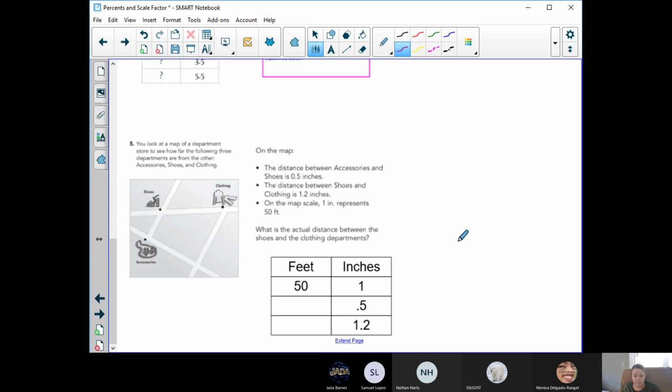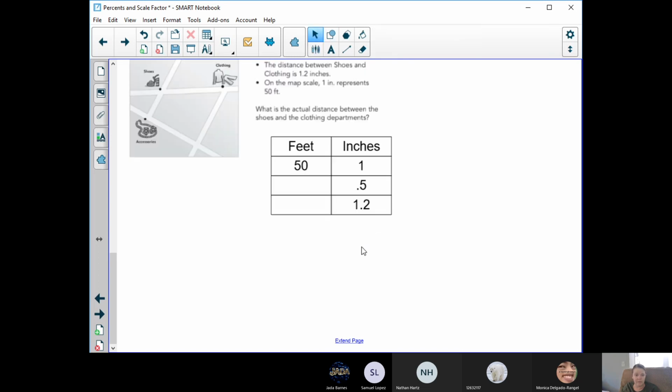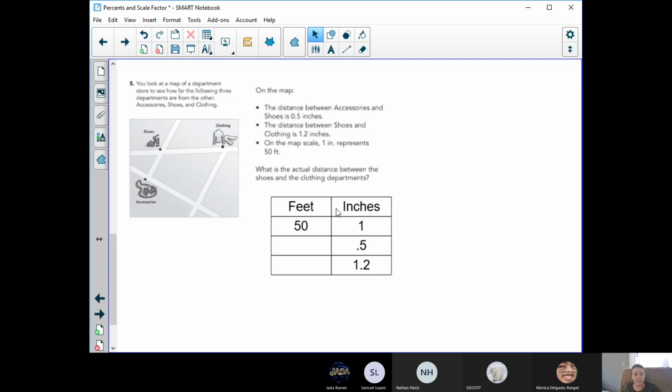All right. This is what I want to look at right now, because your assignment today is going to be all about scale factor in maps. If you ever looked at a map, obviously the map is not the actual distance from one point to another. It is all based on a scale.